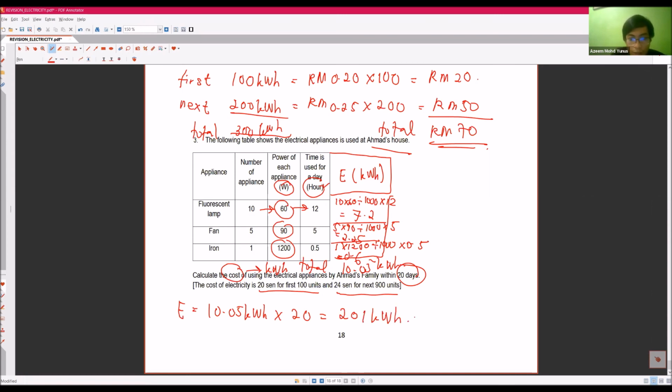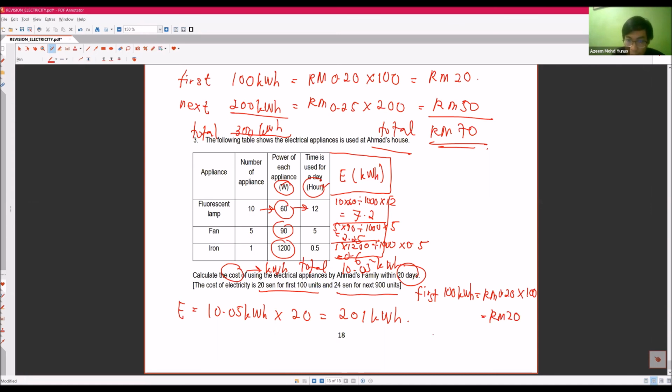Calculate the check: 1000 plus 5 times 90 divided by 1000 times 5 plus 1200 divided by 1000 times 0.5 times 20. Yeah, so it's correct, 201 kilowatt hour. The first 100 kilowatt hour is 0.2 times 100, which is 20.